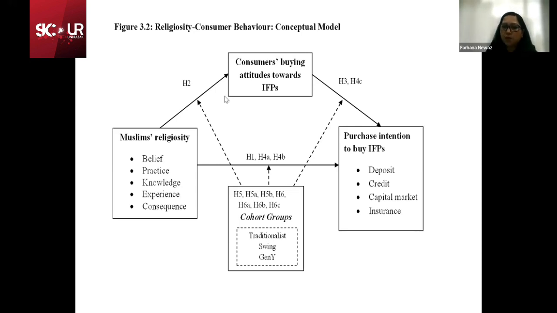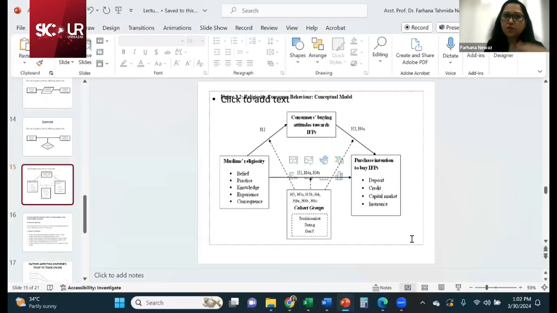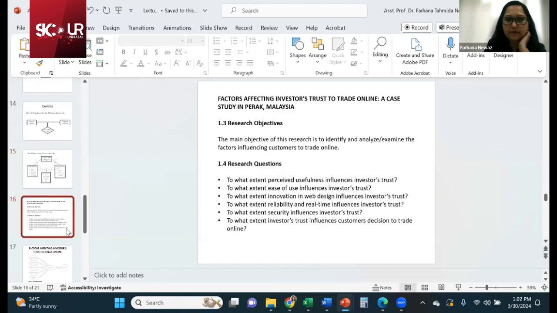Usually moderators do not affect the factors themselves; they affect the relationship between the variables. This is the basic thing. If the concept is clear to you, half of the research you already know what to do. Then I go next, following this example.